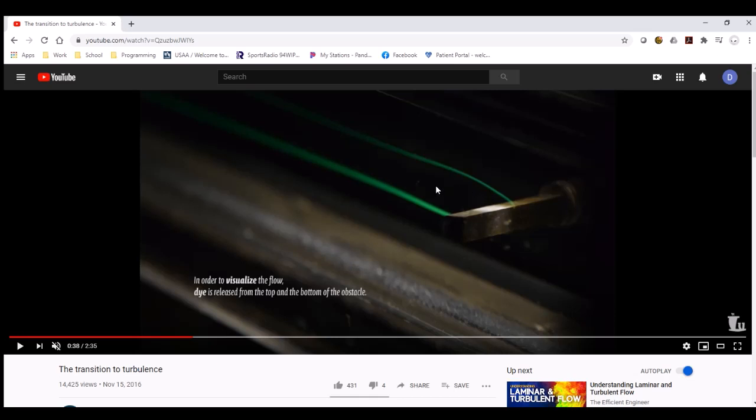The viscosity damps out any of those oscillations. All right, it's a friction force. Viscosity is essentially a parameter related to essentially friction. So the friction in the fluid turns those oscillations into heat and damps out those oscillations. Okay, so that's at low flow rates.